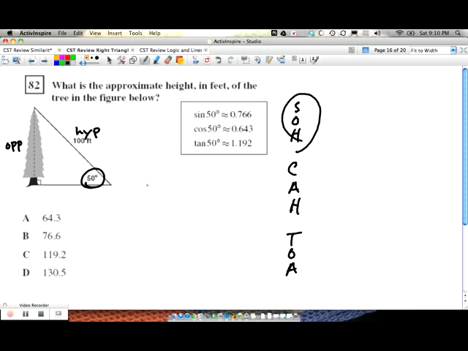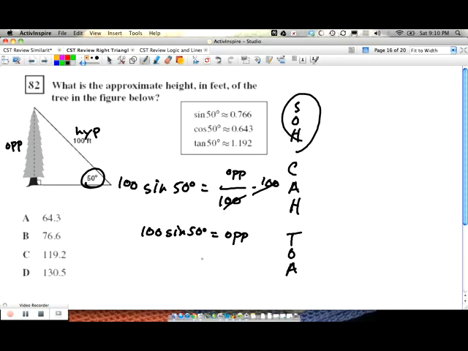That seems to be pretty popular so far. So that means that sine of 50 degrees equals the opposite over the hypotenuse. And the hypotenuse in this case is 100. I'm going to multiply both sides by 100 to make that right side just a 100 over 100. So I have 100 times sine of 50 degrees equals the opposite.